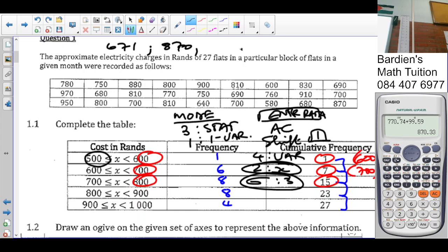Is 780 within that range? Yes, that one is in. That one is not. This one is in. Not within that range.